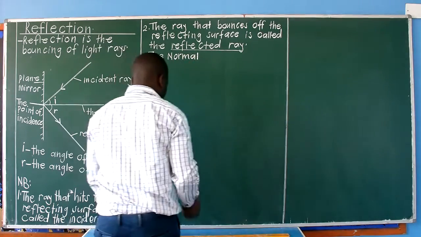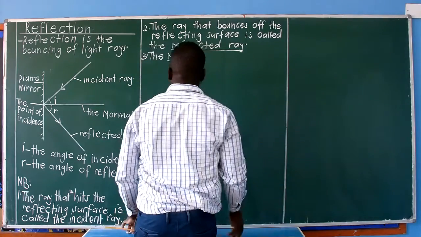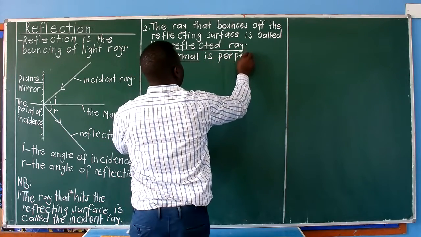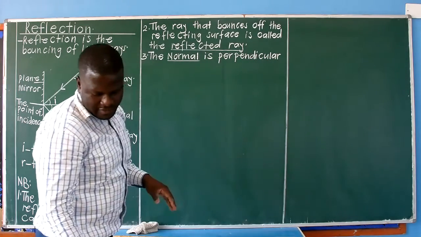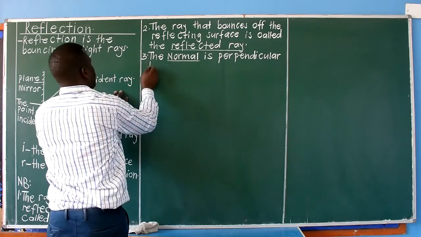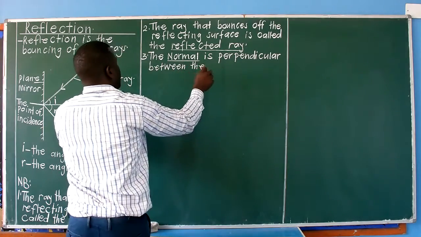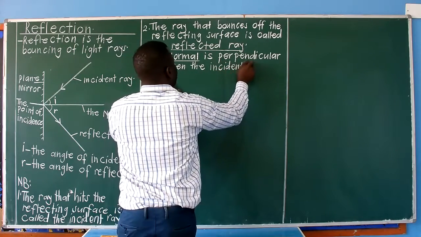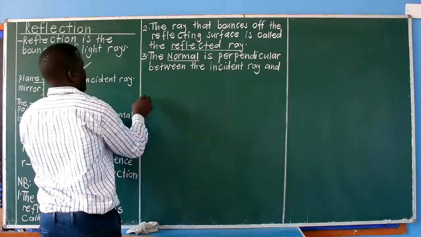The normal is perpendicular between the incident ray and the reflected ray.